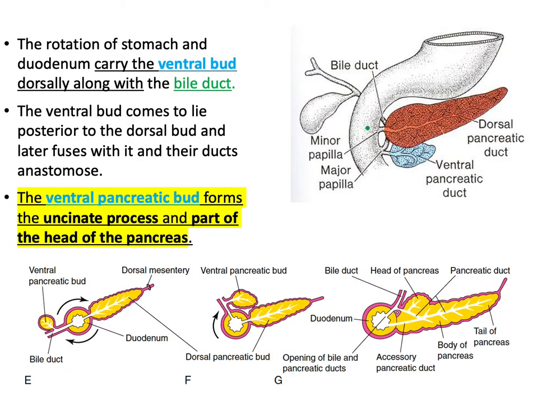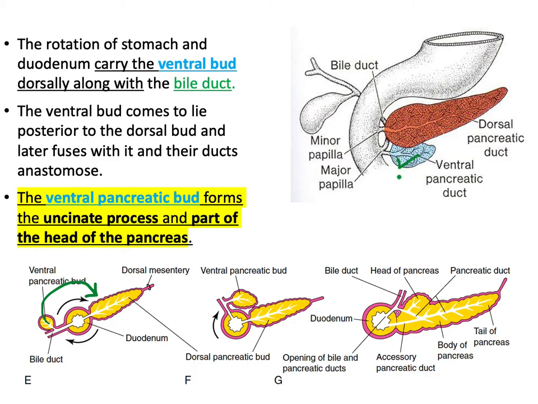You know that the stomach rotates, and the duodenum as well, and so the rotation of the stomach and duodenum carries the ventral bud. This is the ventral bud, so it will be carried posteriorly and dorsally, along with the bile duct, and then the ventral bud becomes posterior.